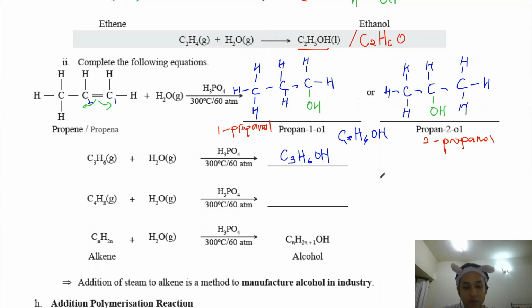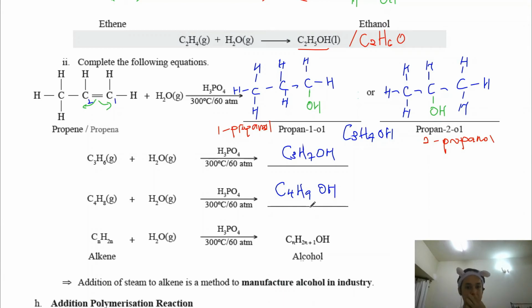Oh, sorry, this one is 7, not 6. So C3H7OH. This one, butene, addition of water gives C4H9OH.